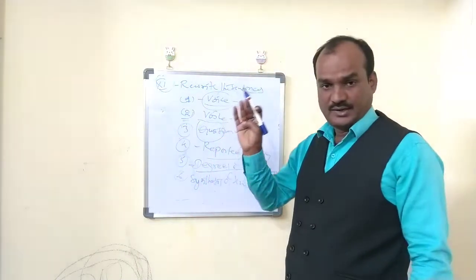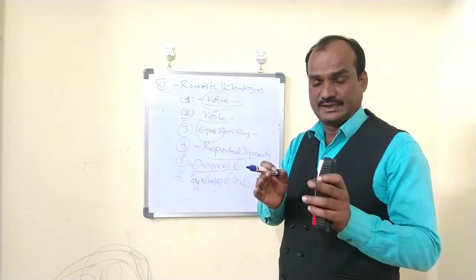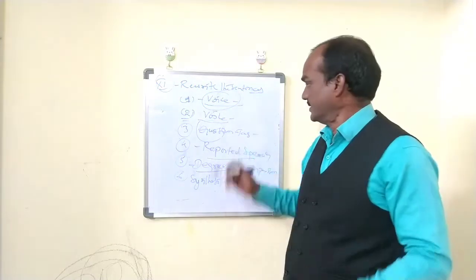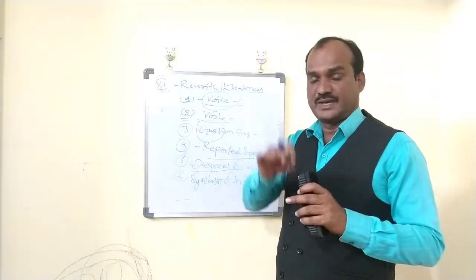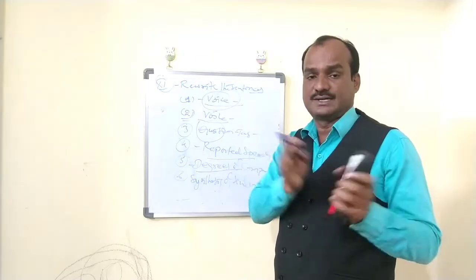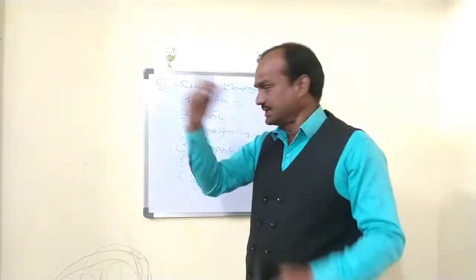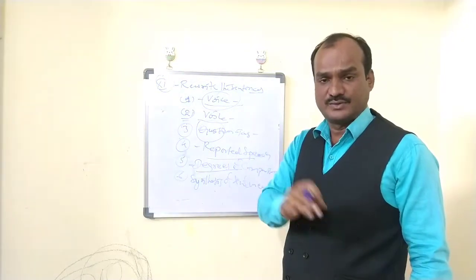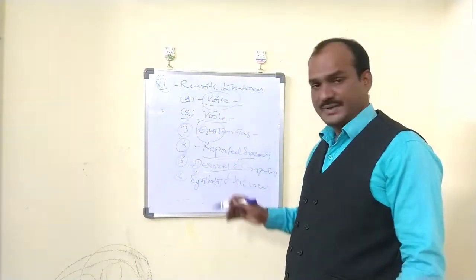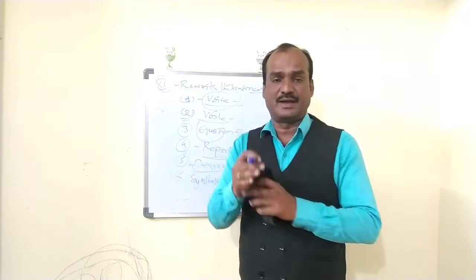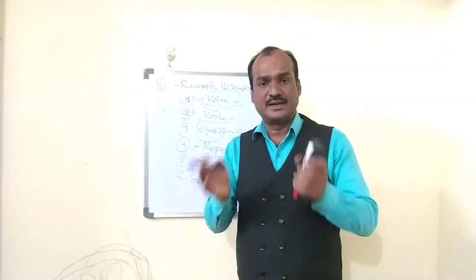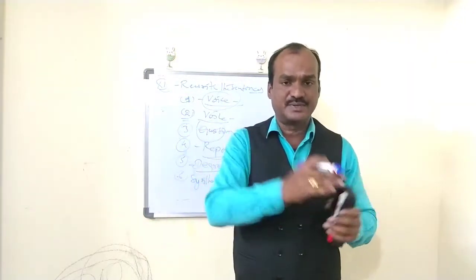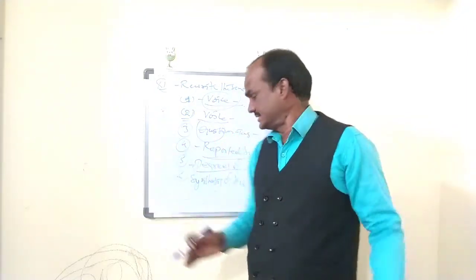I'll discuss all the topics at length and in detail in upcoming videos. What voice is, active voice, passive voice, and the rules for changing a sentence from active voice to passive voice. Question tag and types of question tag, what a positive tag is, what a negative tag is. Reported speech, how to change a sentence from direct speech to indirect speech, and the rules for it.